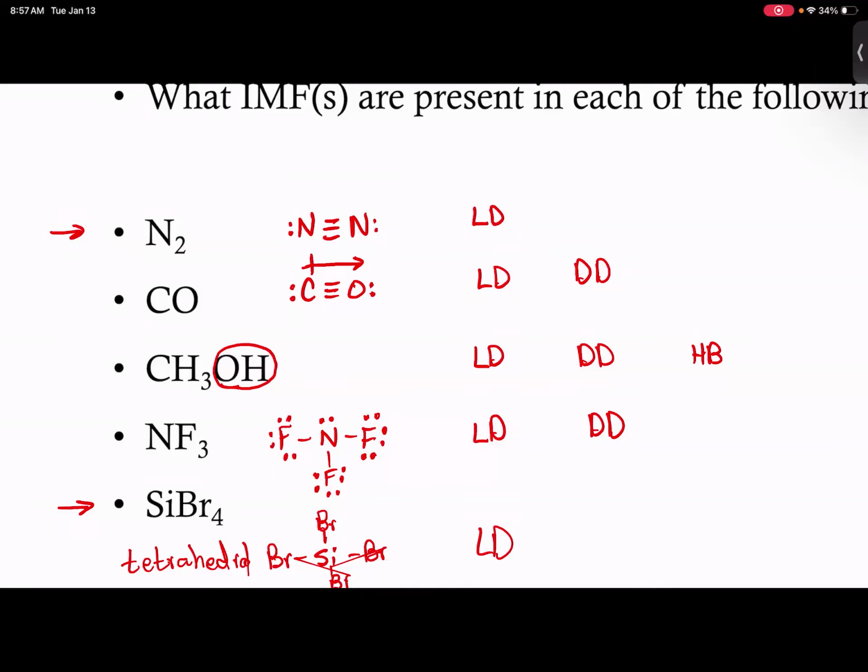Then I have to think which is bigger, because remember, the larger London dispersion forces occur with the bigger structure. So nitrogen has the lowest boiling point and melting point. Questions?